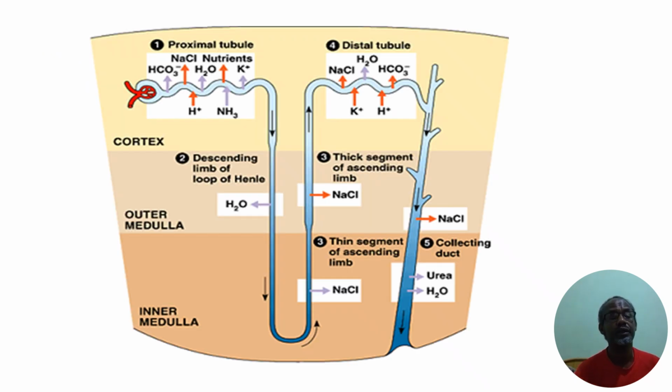This is another diagram as you observe. The Bowman's capsule and proximal convoluted tubule are found in the cortex part of your kidney, the outer portion.